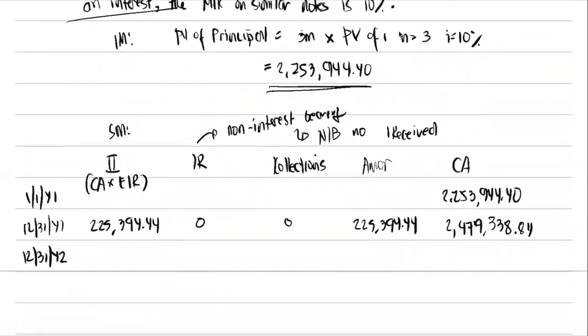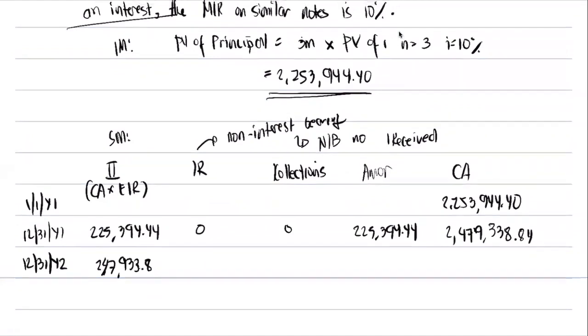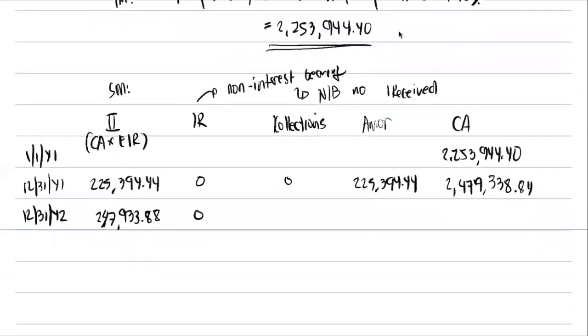December 31, year 2. So interest income again is equal to your carrying amount multiplied by the interest rate, that is 10%. So we have here 247,933.88. Interest received is still 0. Our collections is still 0.